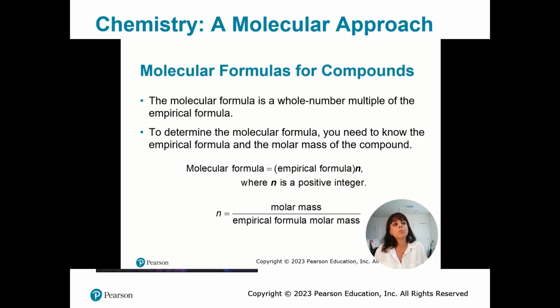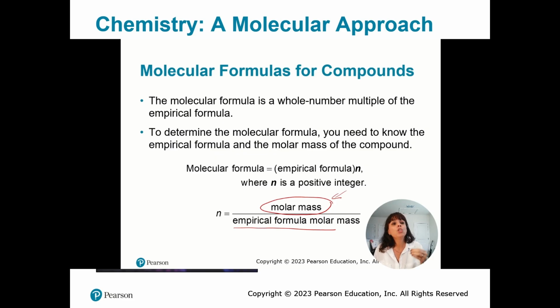And how are we going to find the molecular formula? The molecular formula is a whole number multiple of the empirical formula. That will tell you exactly the number of each atom contained in the formula. Okay? To find the molecular formula, you need to know the empirical formula and the molar mass of the compound. What you're going to do is divide the molar mass of the molecular formula by the empirical formula molar mass.